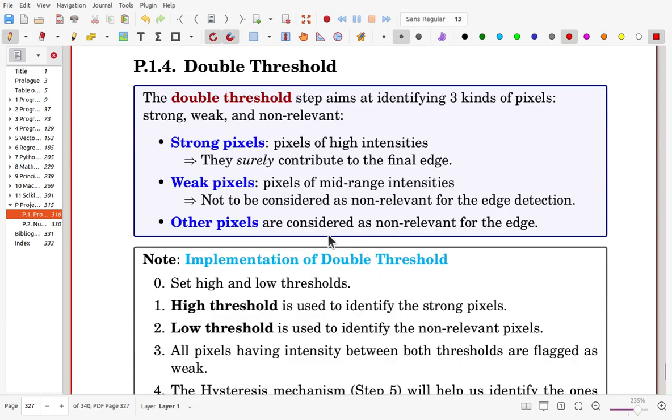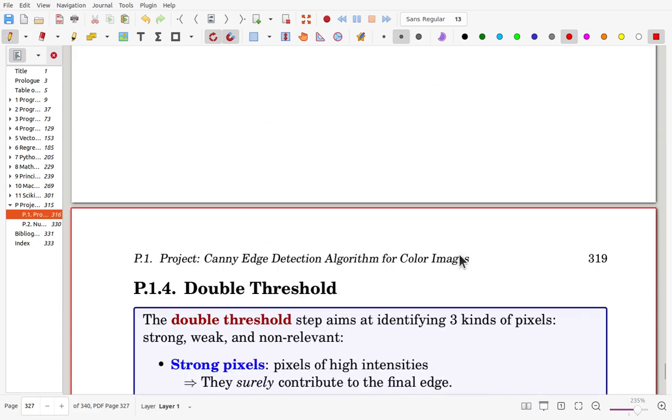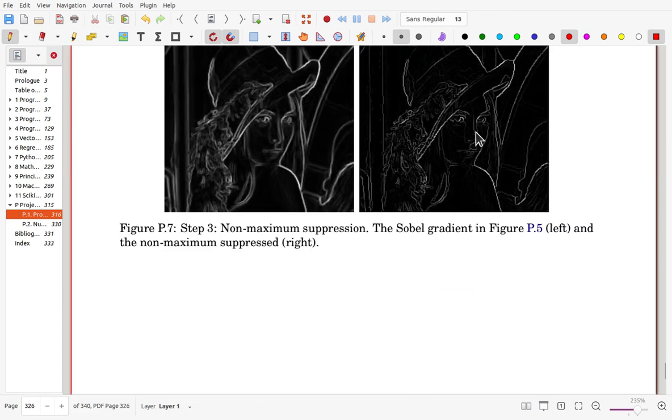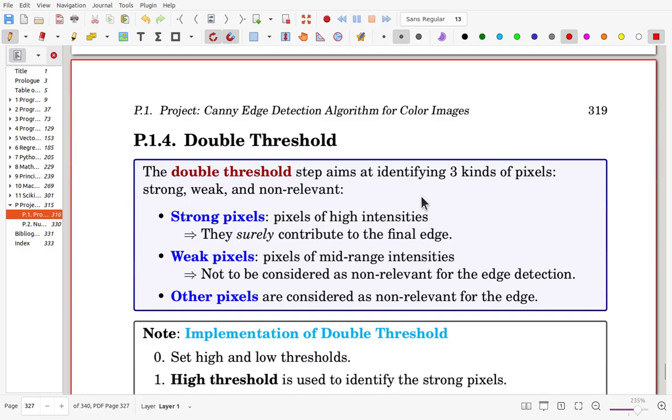Now we'll go to step 4, double threshold. Now we are working on this result, after the edge is thin, and we now apply the double threshold. The double threshold step aims at identifying 3 kinds of pixels: strong, weak, and non-relevant.